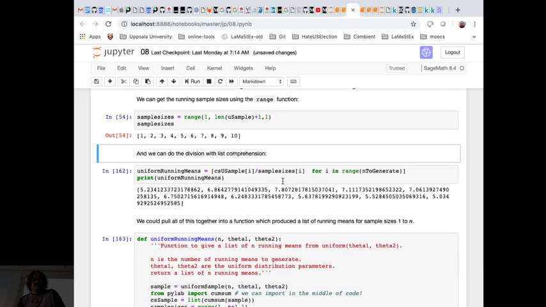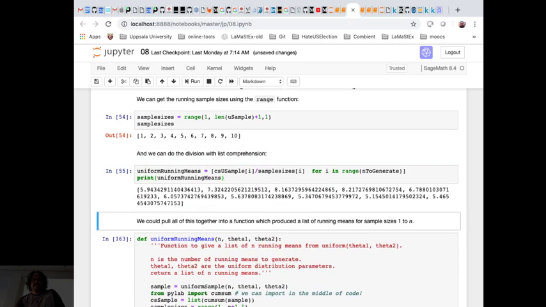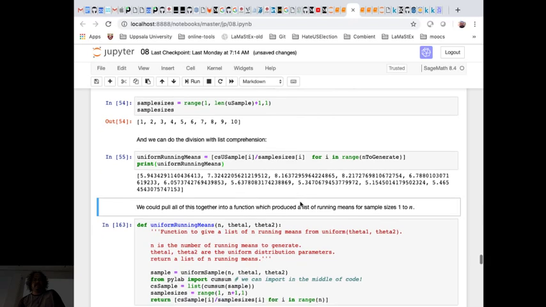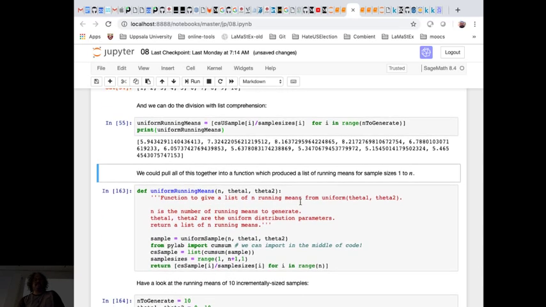Okay, so yeah, we can do these divisions. We've seen this before, and then I have my uniform running means now. If you look at the uniform running means, they should be roughly around half, right? Because this is 0, 10, so it's 5. This is a 0, 10 uniform distribution, so half of 10 is the mean.